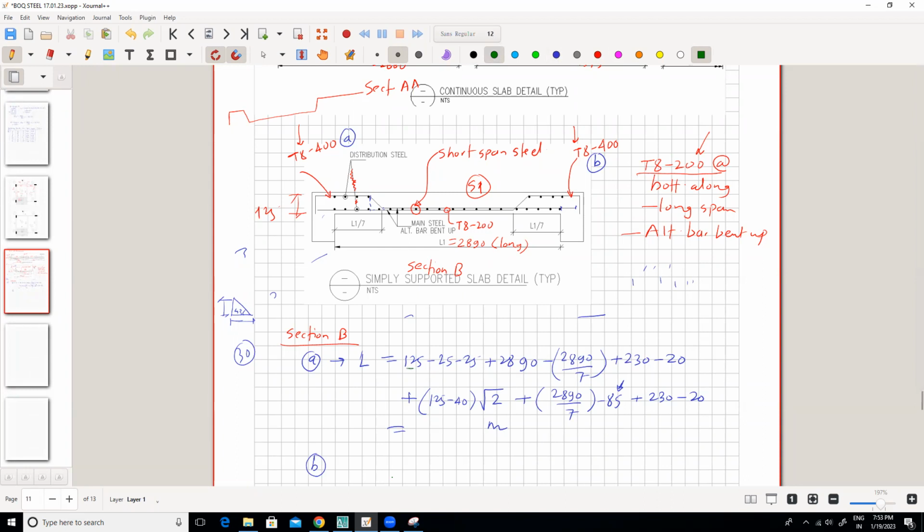देखो, 125 माइनस 25 is this length, okay?